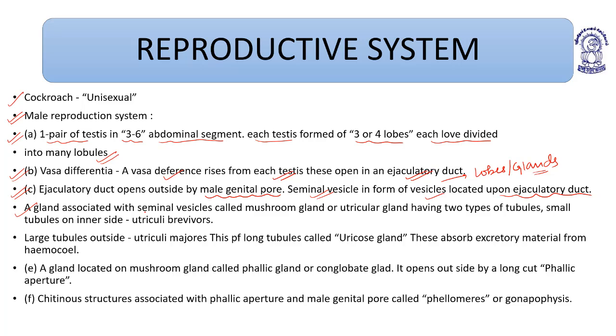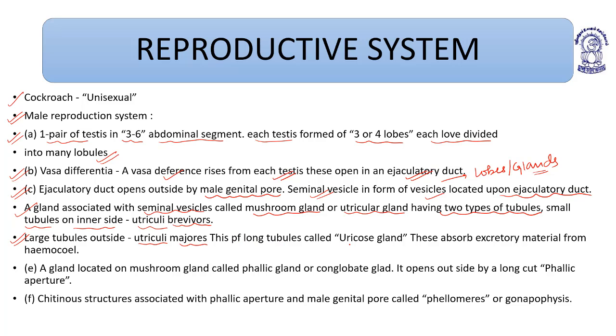A gland associated with the seminal vesicle is called the mushroom gland or utricular gland, having two types of tubules. Small tubules on the inner side are known as utriculi breviores, and large tubules outside are utriculi majores.